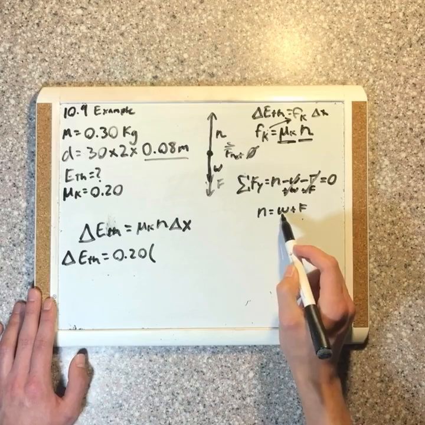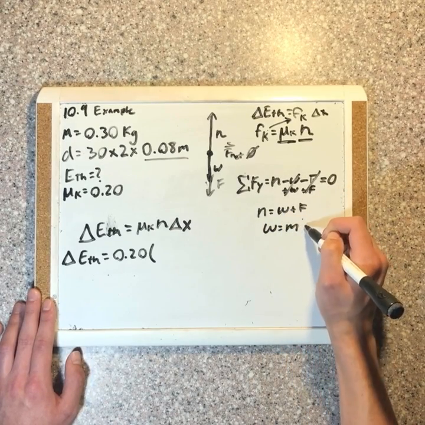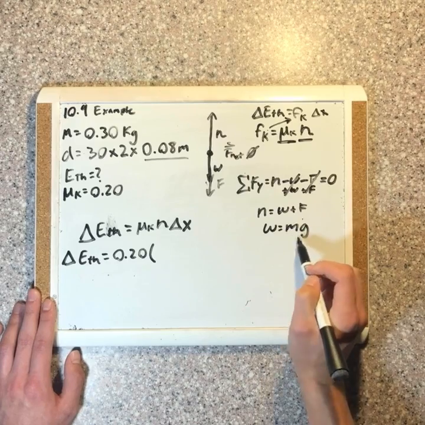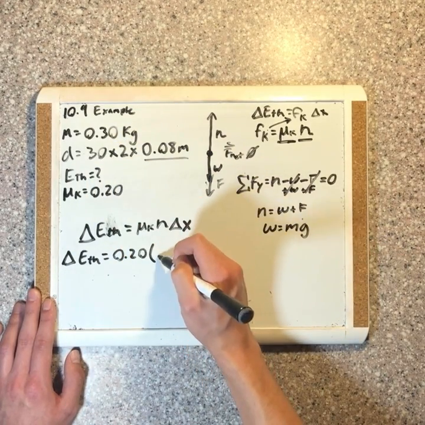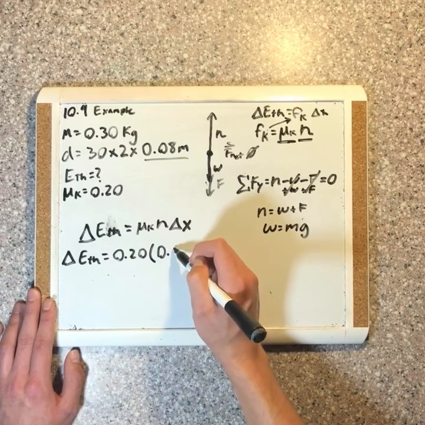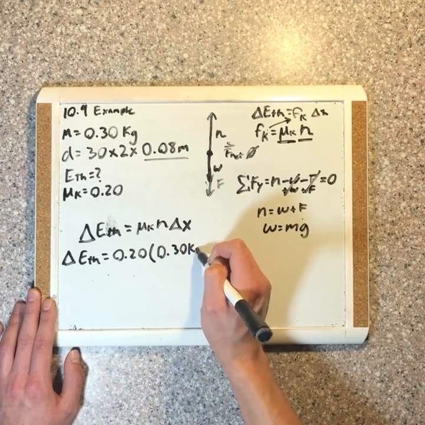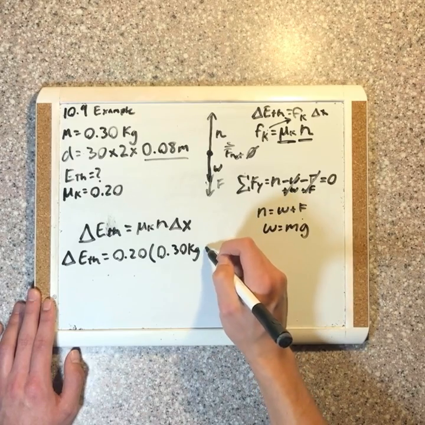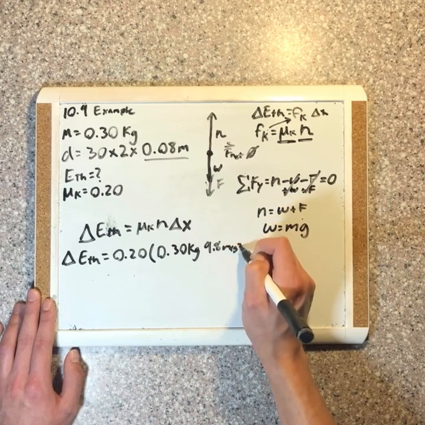Really quickly, weight is going to be equal to the mass times the force of gravity. We've done this before. So our weight is 0.30 kilograms times gravity, which we know as 9.8 meters per second squared.